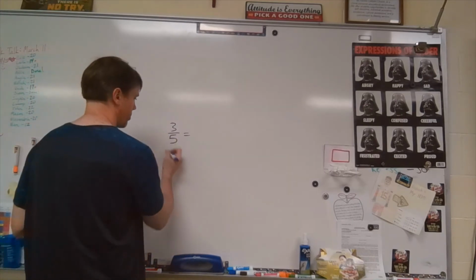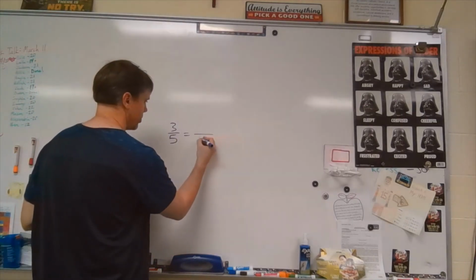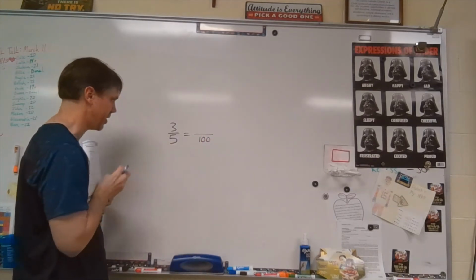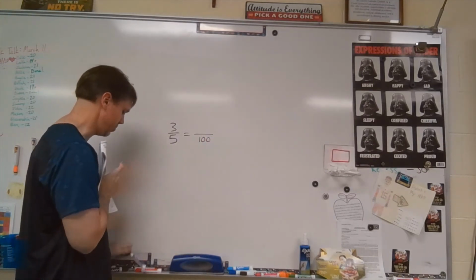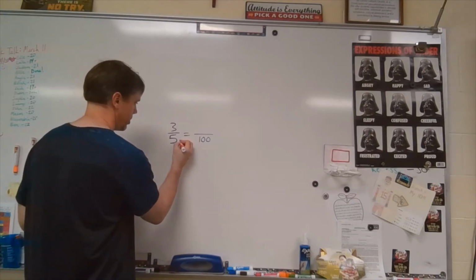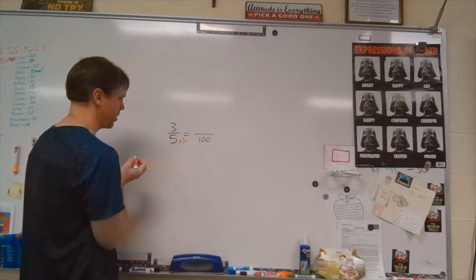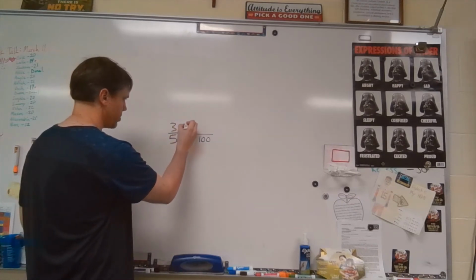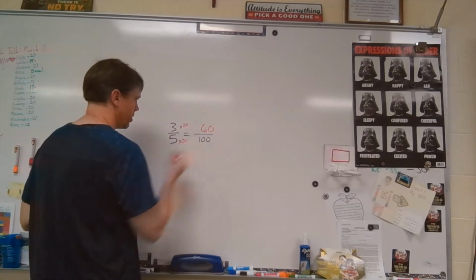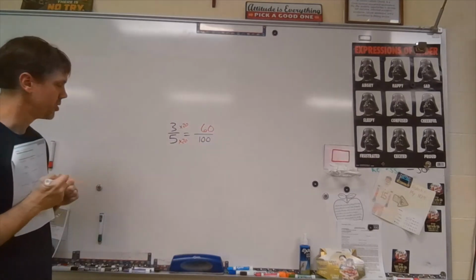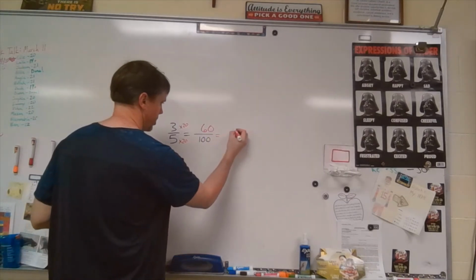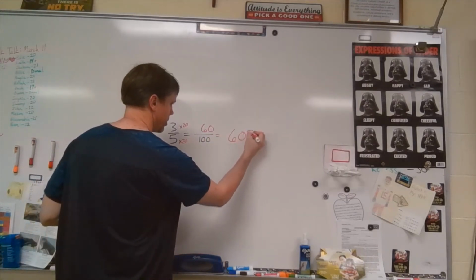So with 3/5, really what you want to get to is over 100. All right, so what do we multiply 5 times to get to 100? Well, 5 times 20 equals 100. And so we can just go 3 times 20. 3 times 20 is 60. Okay, so that means that this, as a percentage, is 60%.